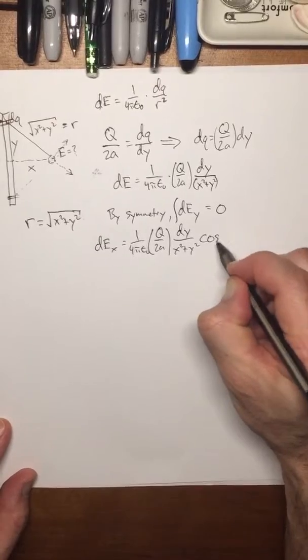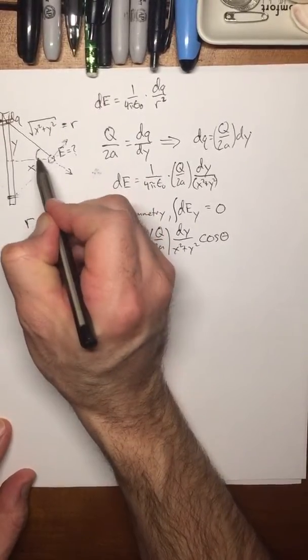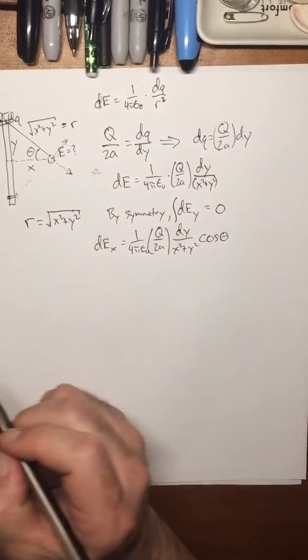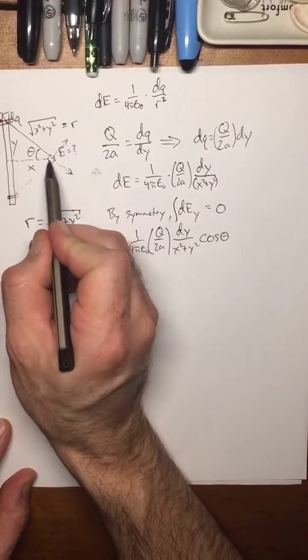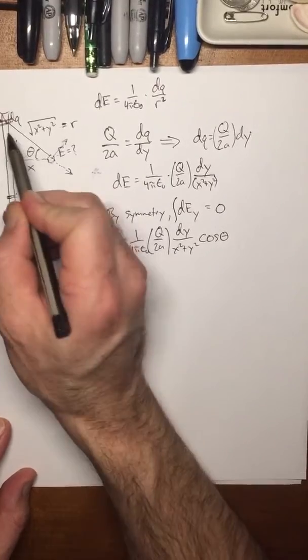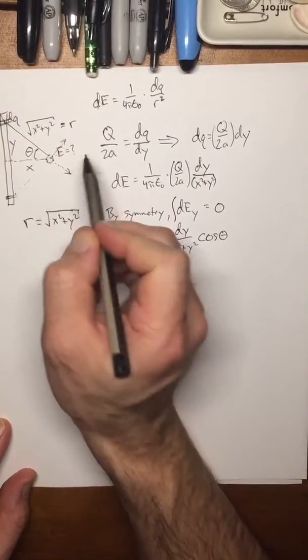And the x direction component with the cosine of an angle that I'm going to define right here. Cosine is the adjacent over the hypotenuse, so I'm looking at this component as opposed to the y component of a right triangle.